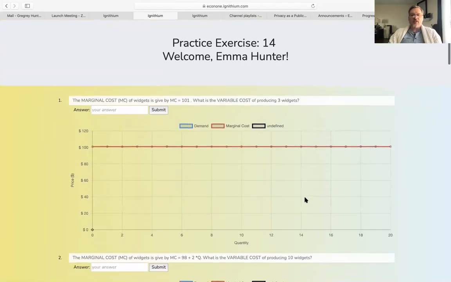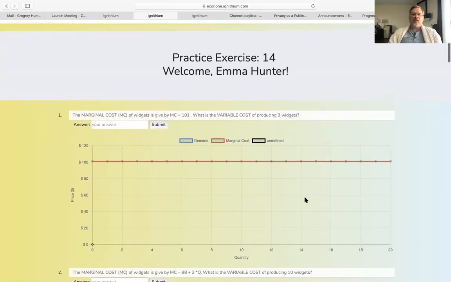For the cost curve questions, the one thing that's a little bit challenging, and I'll just write it here in the answer box, is that variable cost has a relationship to marginal cost that, unless you watch the videos in detail, they're going to tell you is the sum of the marginal costs.